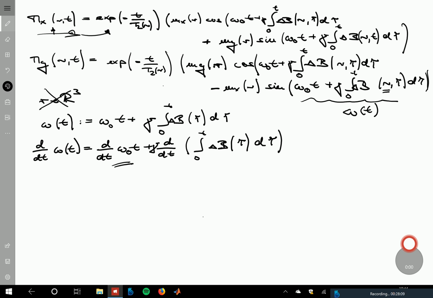Omega 0 times t, and you compute the derivative with respect to t. 1, not quite. Also not quite. Omega 0, yeah. So the derivative of t is 1, that's true, but it's essentially 2x, and you compute the derivative with respect to x. So then you have 2. So you get omega 0.